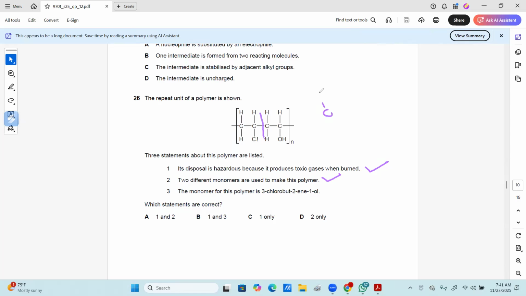You can see one monomer is this, CH, H and Cl. The other monomer is H, H, H and OH. That is also correct. The monomer for this polymer is 1,2,3-chloro? It's wrong. Therefore, the correct answer is 1 and 2. First one, A is the correct answer.